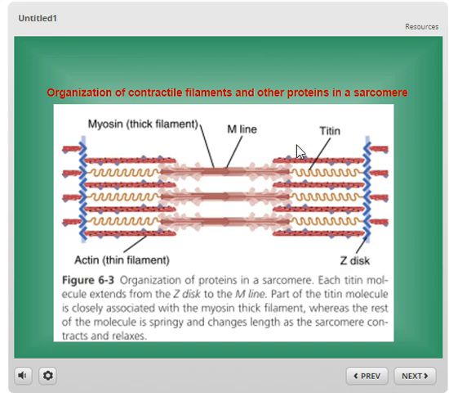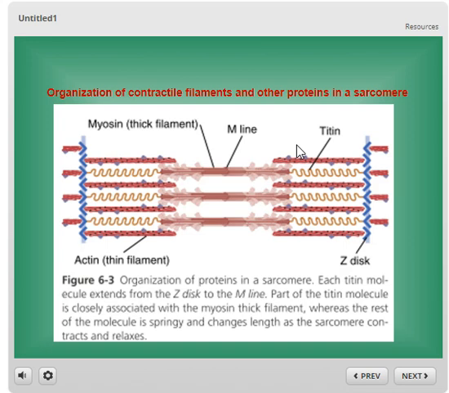To explain more, you must know the M line is a structural component found in the center of the sarcomere, which is the basic unit of muscle contraction. It serves as an anchoring point for thick filaments, myosin, and helps maintain the alignments of the sarcomere during muscle contraction.